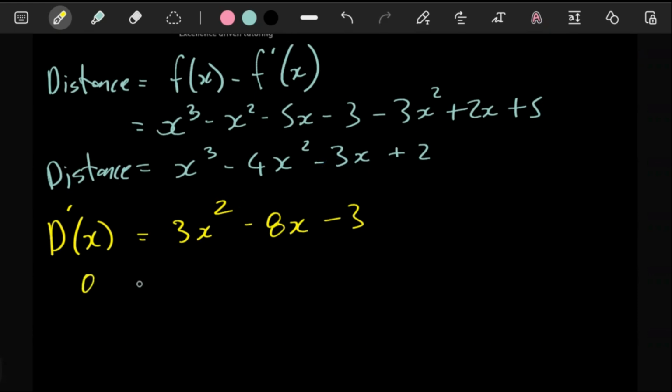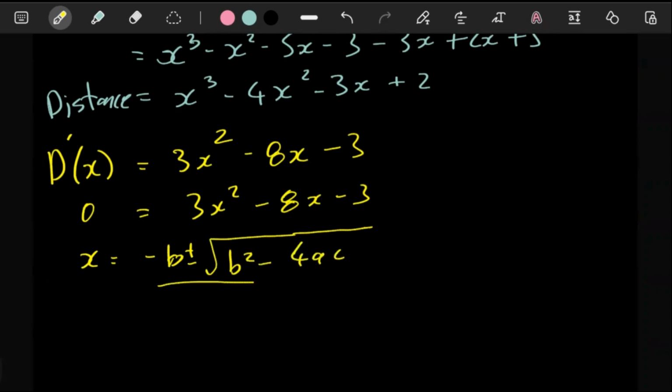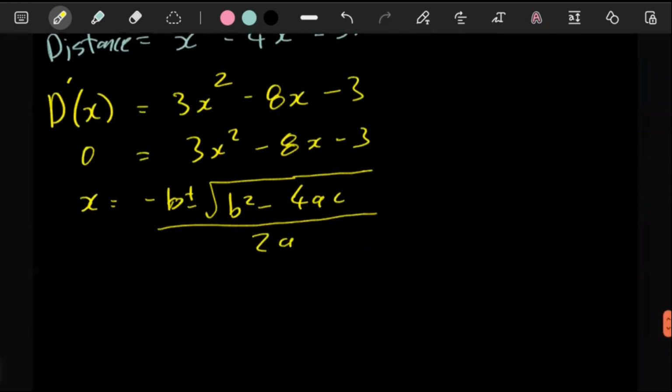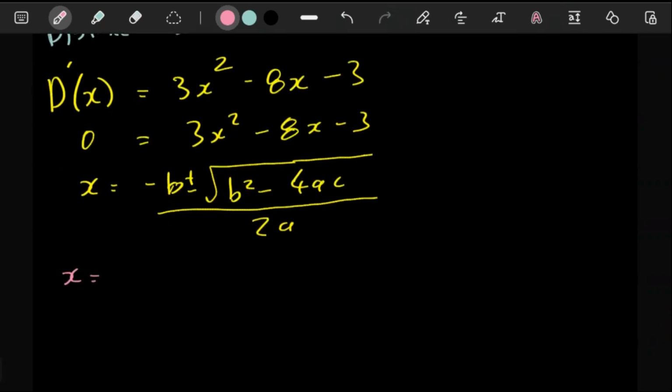So far so good. Here we have 3x squared minus 8x minus 3. We have to solve for x here, so we can just use the quadratic formula: x equals minus b plus or minus the square root of b squared minus 4ac, over 2a. Battery is dying.